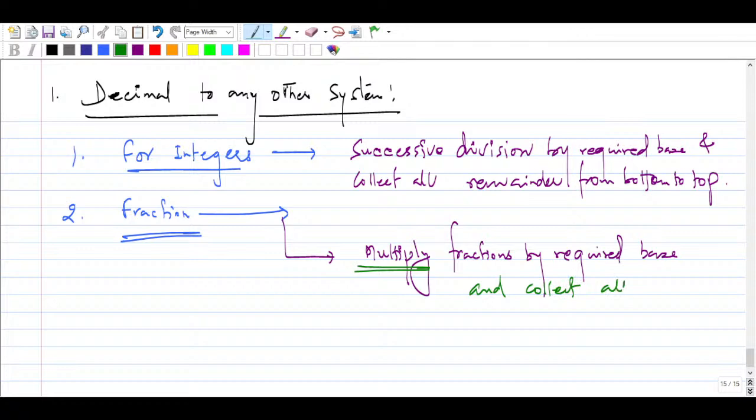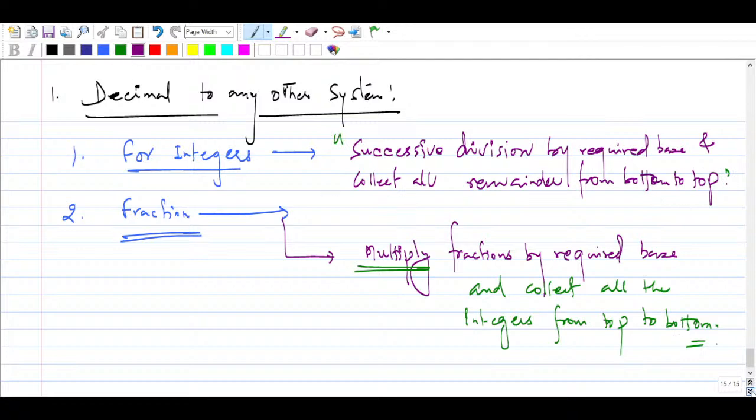Collect all the integers from top to bottom. So this is very simple. If you keep these important statements in your mind, you can do it.